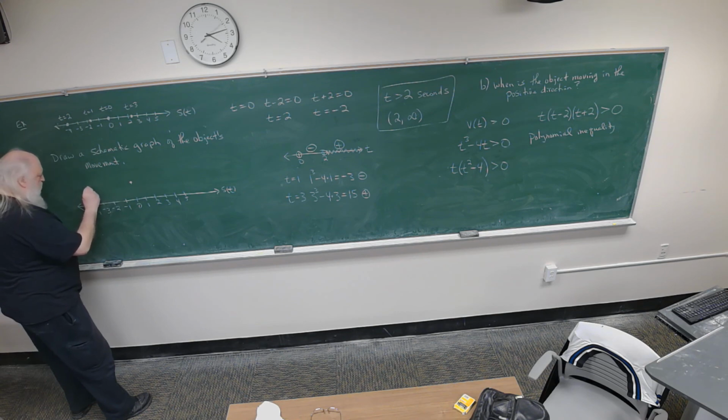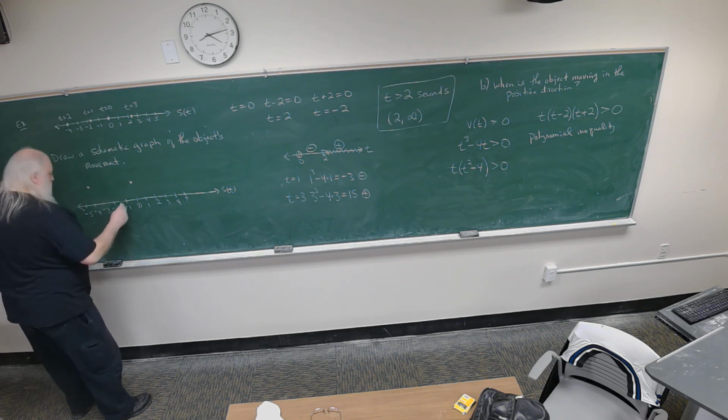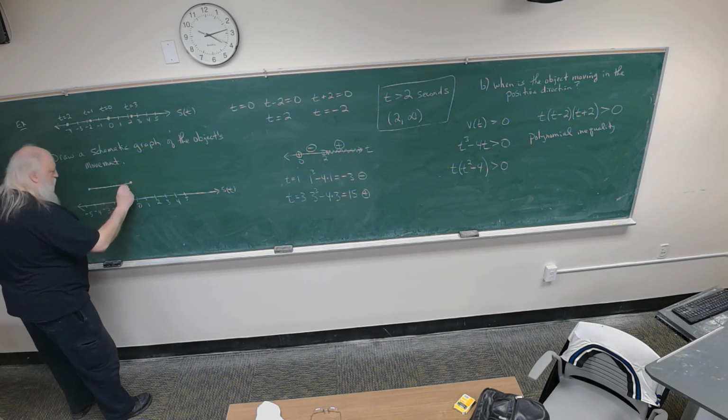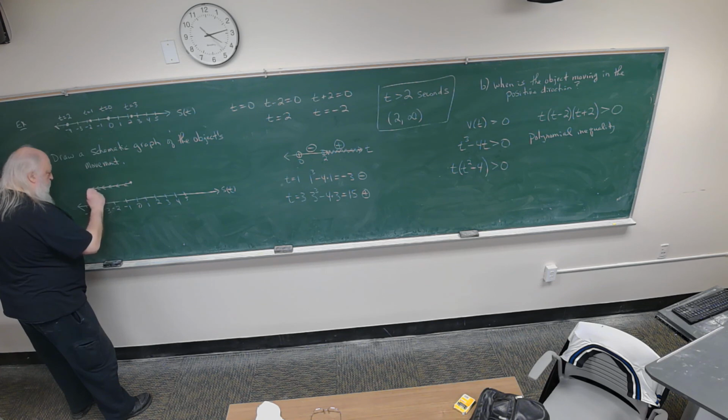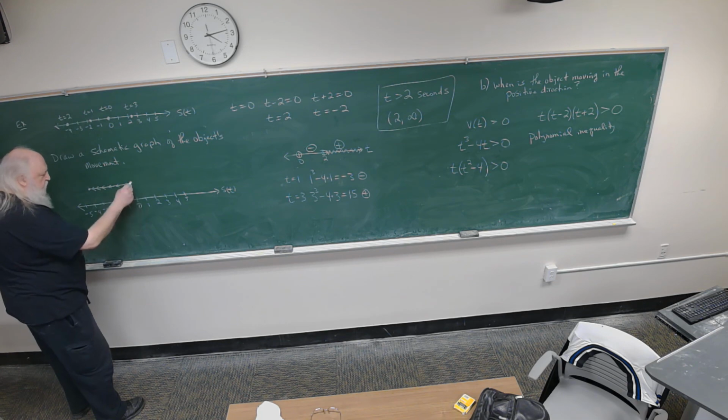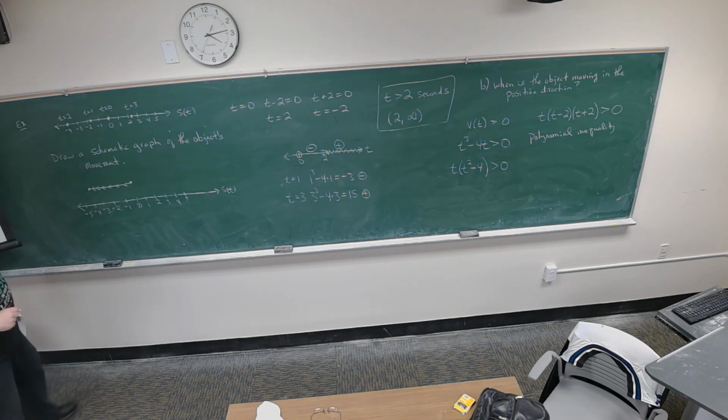So above the number line, I can connect the point at t equals 0 to the point at t equals 2 and put arrows to indicate the object started here at t equals 0, or at position 0, and went from here to here, to position minus 4, 2 seconds later.